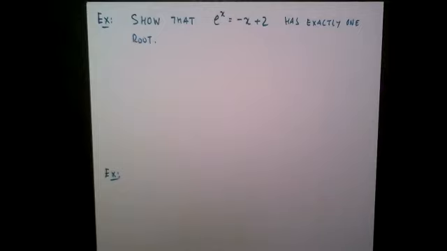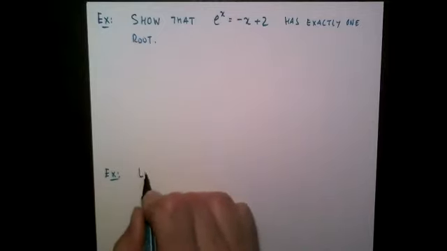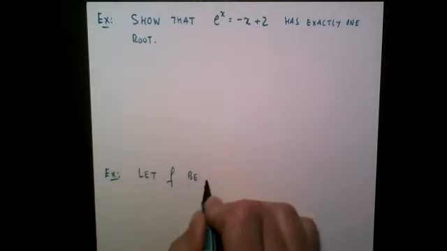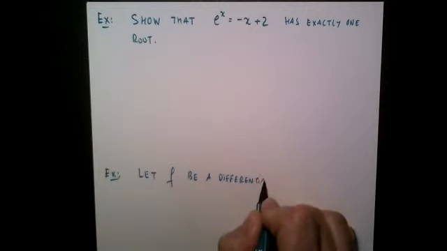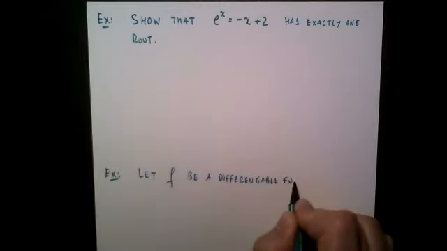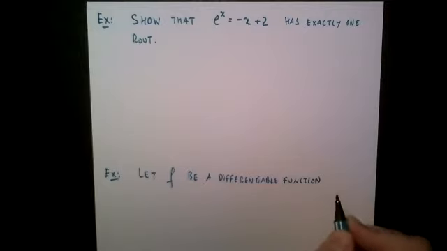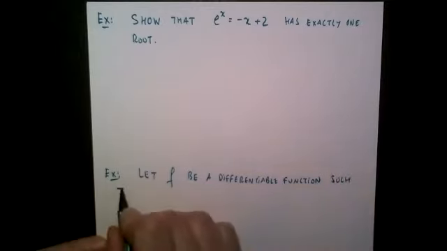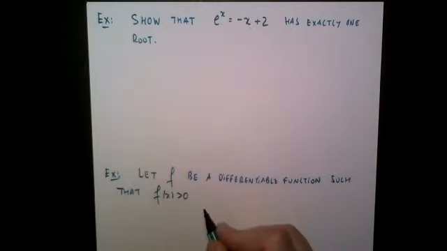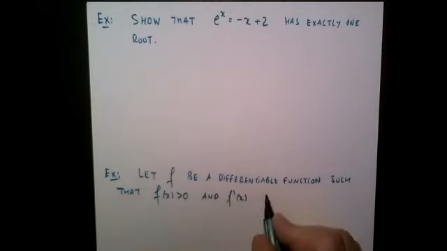Suppose, so let f be a differentiable function such that f of x is always positive and f prime of x is always negative.